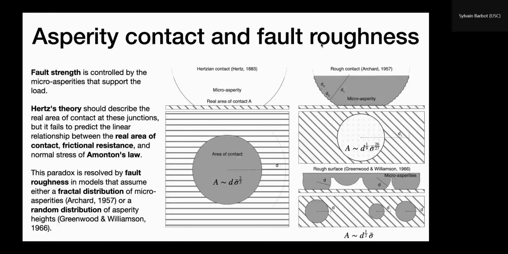We start with the realization that a frictional contact is borne by micro-asperities. These micro-asperities emerge because of the roughness of the contact, and so only a small fraction of the interface is in true contact.